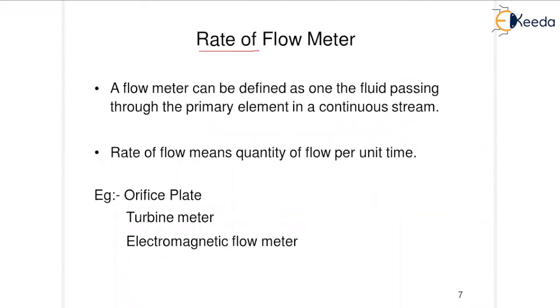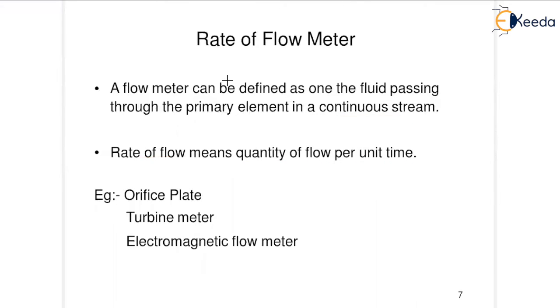Now, a rate of flow meter is defined as one where the fluid passes through the primary element in a continuous stream.